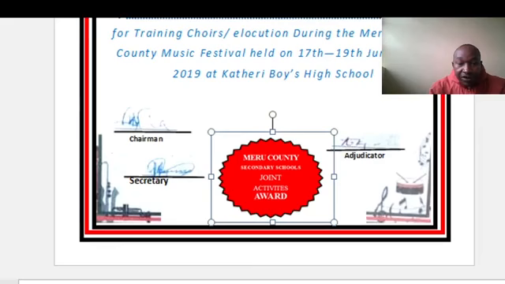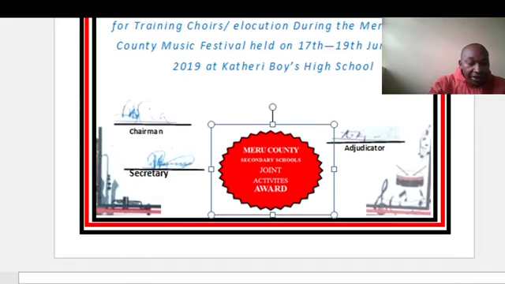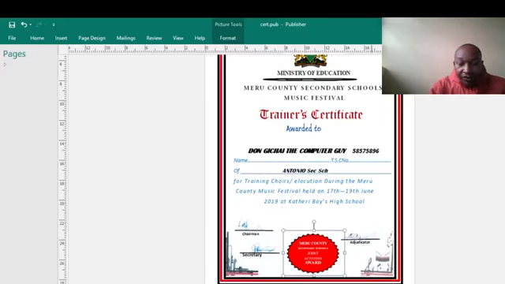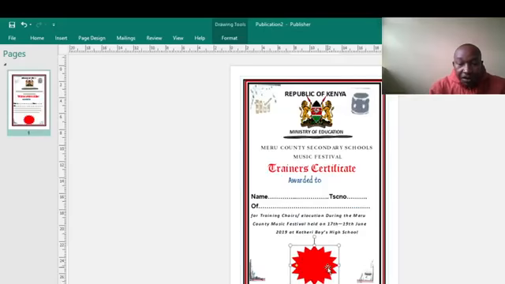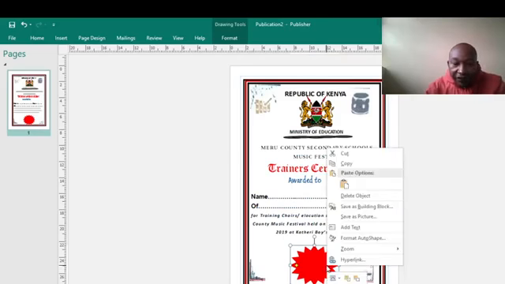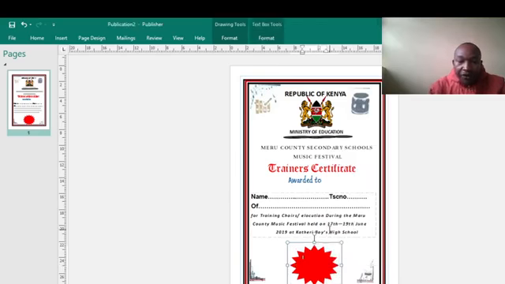Secondary Schools Joint Activities Award. Therefore, you just go to this point, then you type the text the way it should be. You just need to go to add text, then you type whatever you need to have typed inside the text.